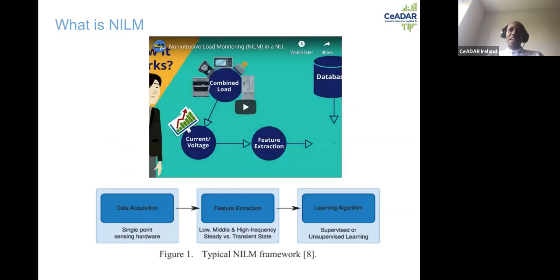Now, what is non-intrusive load monitoring? I have a short video which gives us an overview of what NILM is and how it's used.